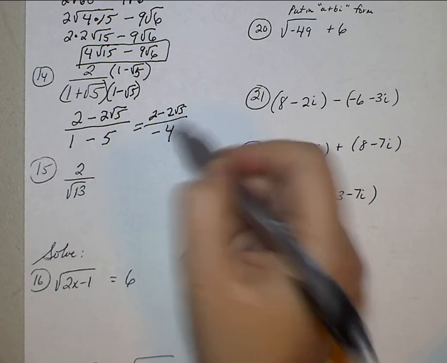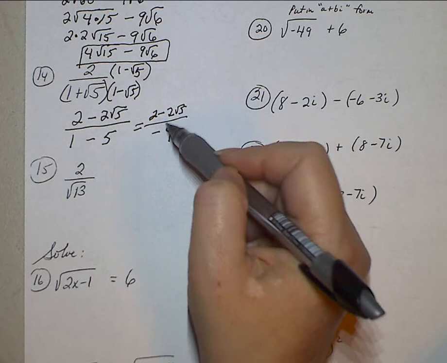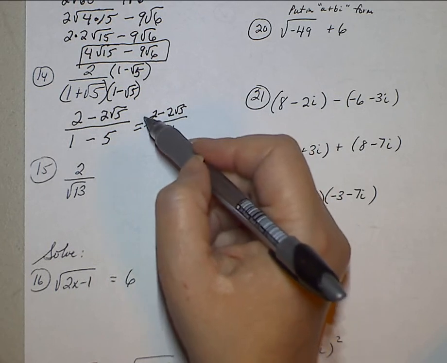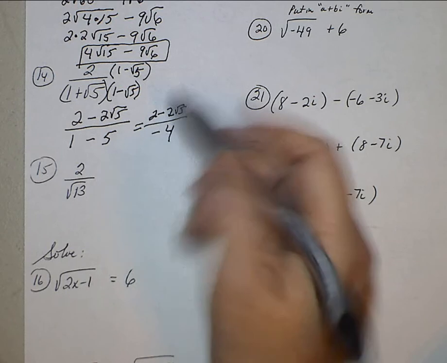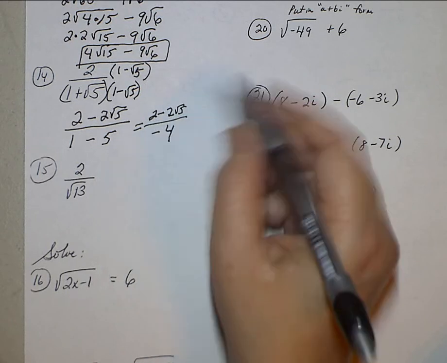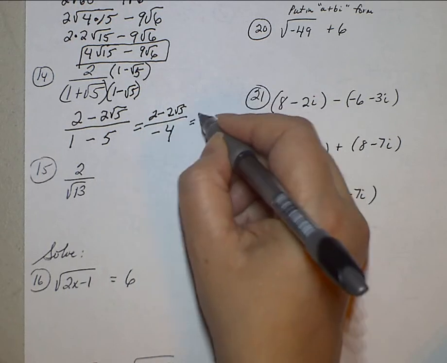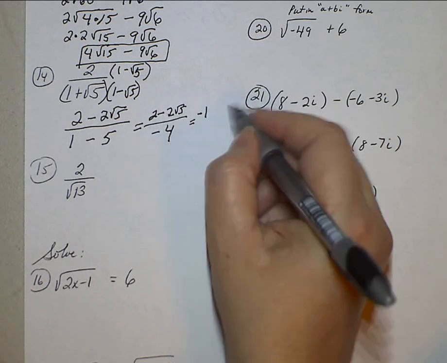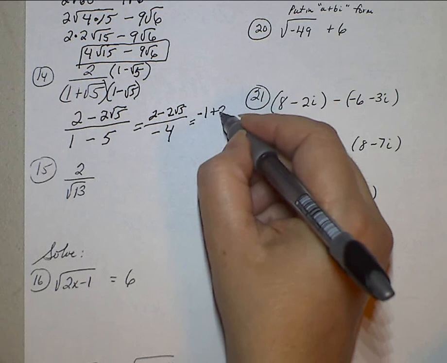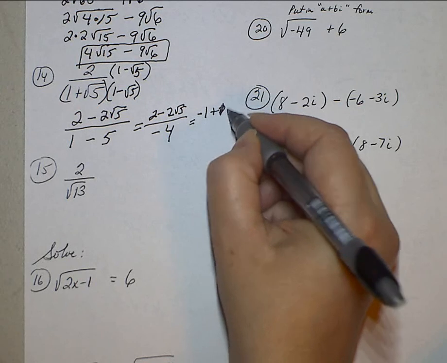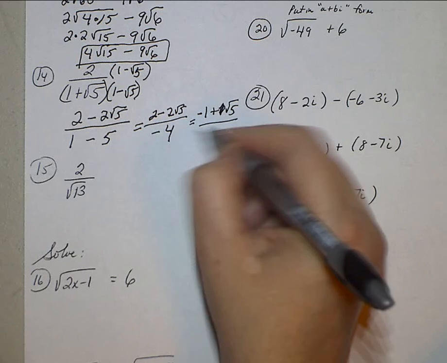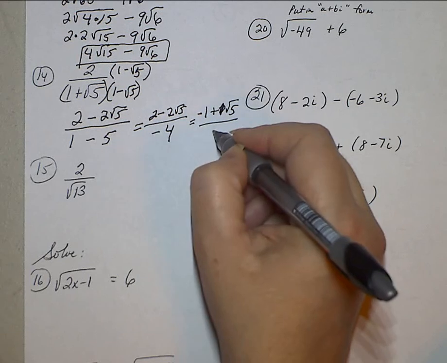So you have dividing everything by negative 2. 2 divided by negative 2 is your negative 1. Negative 2 divided by negative 2 is plus 1 square roots of 5. And then negative 4 divided by negative 2 is 2.